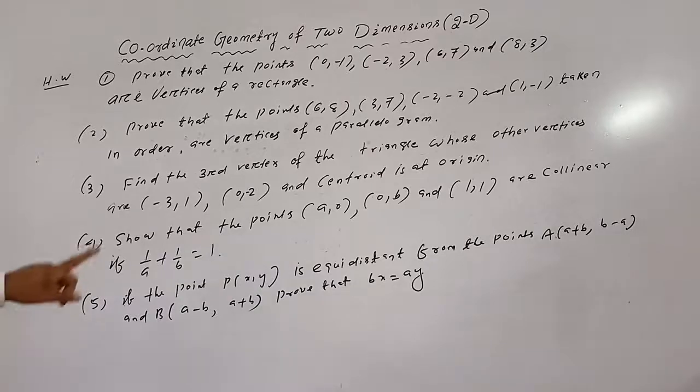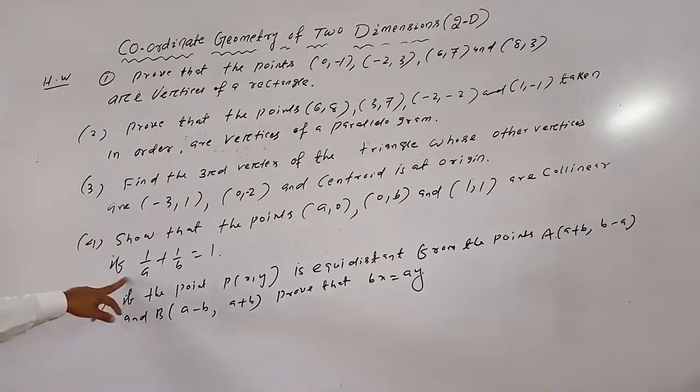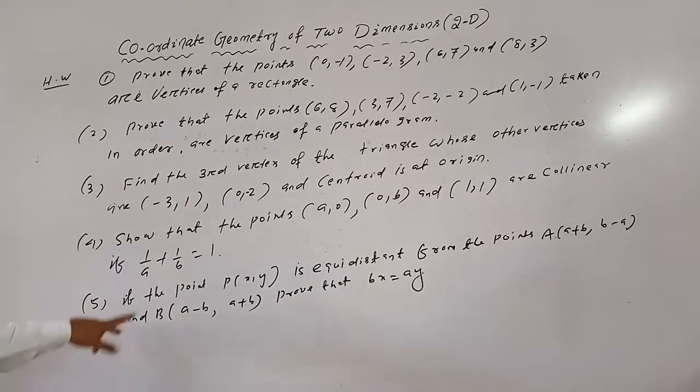Fourth, if these 3 points are collinear, then prove this one. So that the points are collinear means you have to prove 1 by a plus 1 by b equals 1. Number 5: if the point P of x comma y is equidistant from the points A of a plus b comma b minus a and B of a minus b comma a plus b, prove that bx equals ay.